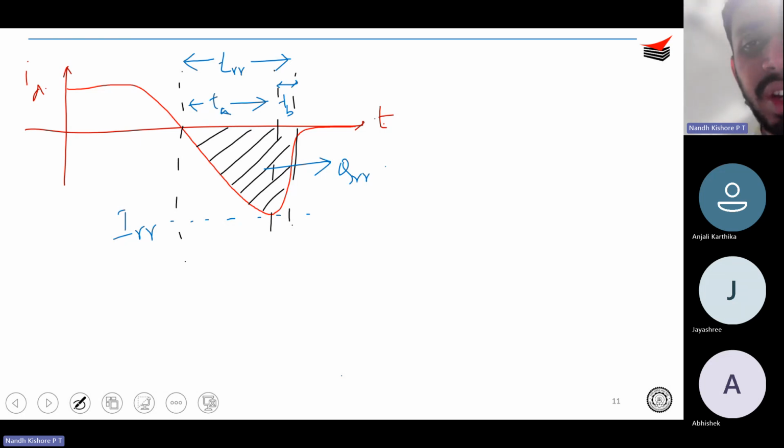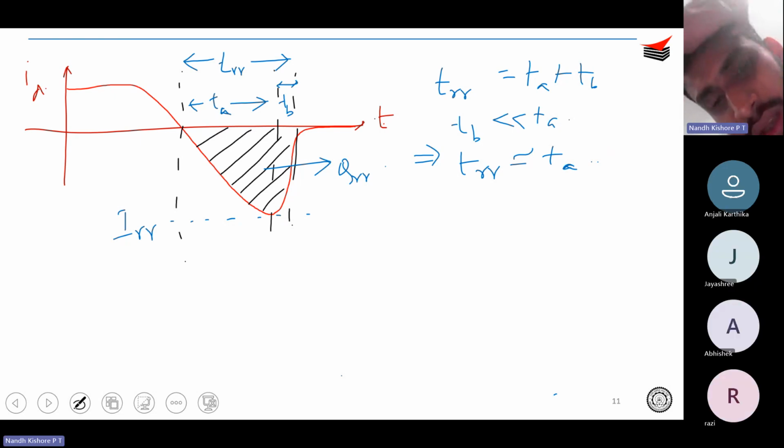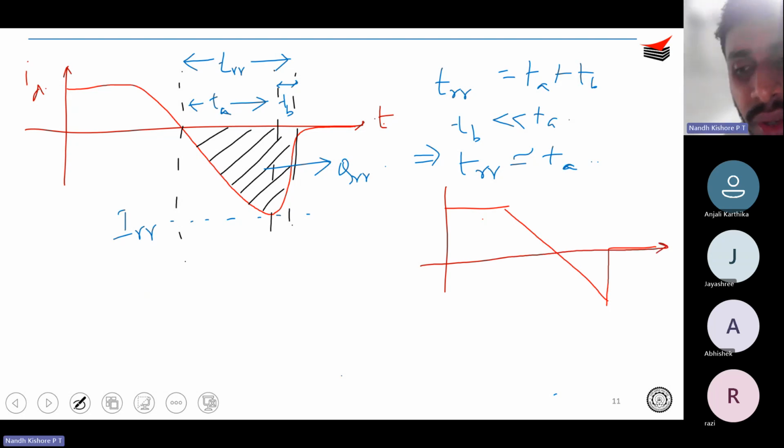People generally say that even though TRR is equal to TA plus TB, TB is very much less than TA. Therefore, your TRR is almost equal to TA. Therefore, you can assume that this itself is a triangle, and that's how we derive all the equations.